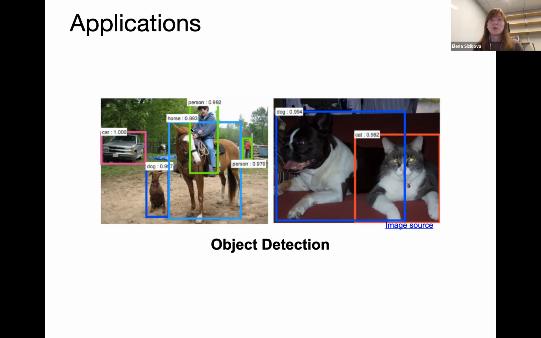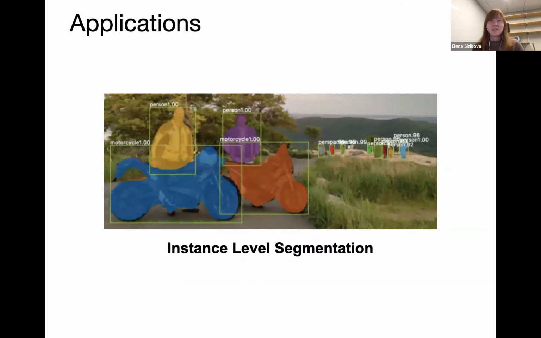In object detection, I want to output a set of bounding boxes with probabilities, let's say this bounding box has a 99% probability that it contains a person, and so on. Another task is instance-level segmentation. I have 2 motorcycles and 2 people here, and I want to segment every individual example or instance of the object from the image.